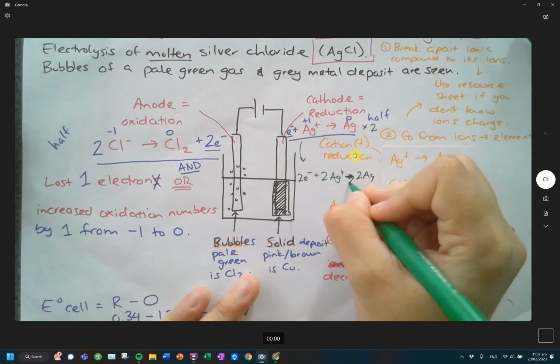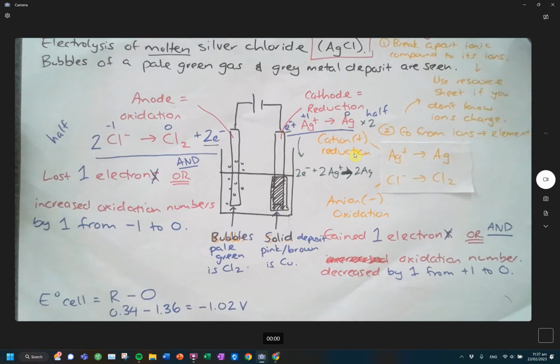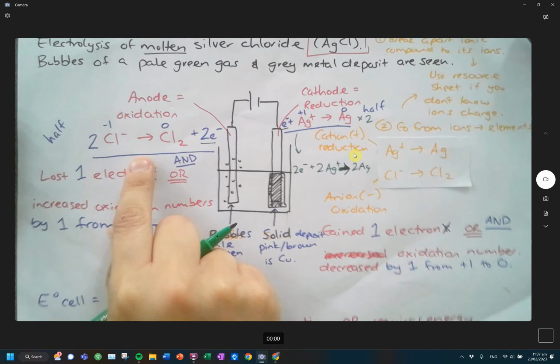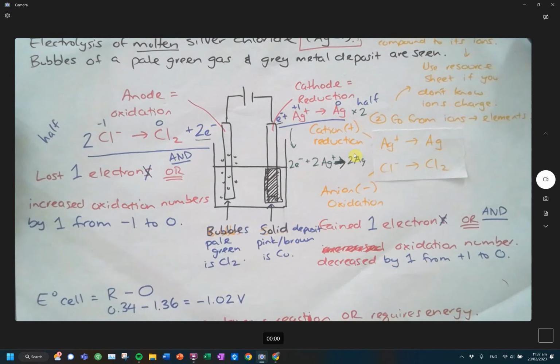With this side, I don't need to do that because you see how it's already 2? So I want the reactant and product side to match. What I'll do is write the equations next to each other, and I'll show you how I put them together so you can see what I mean.